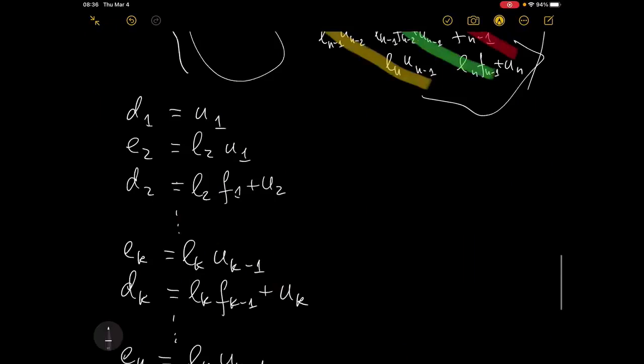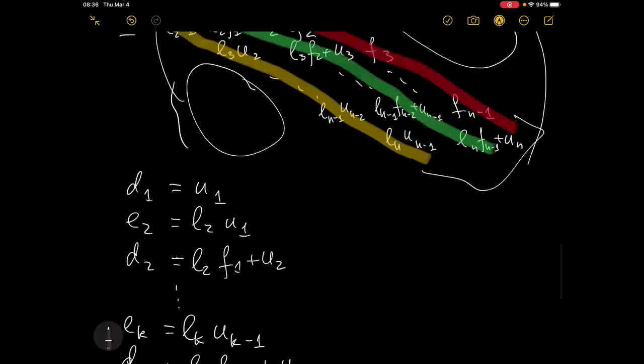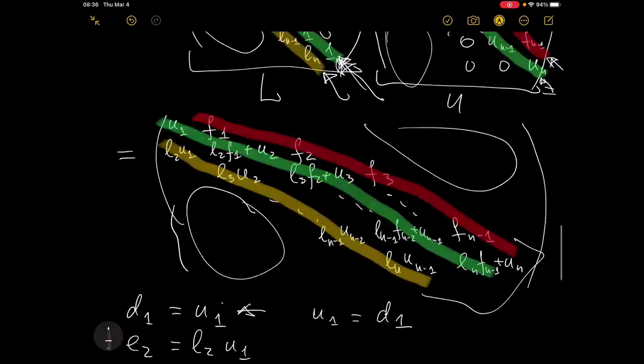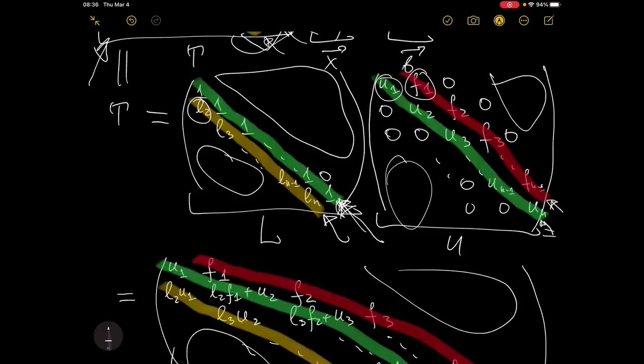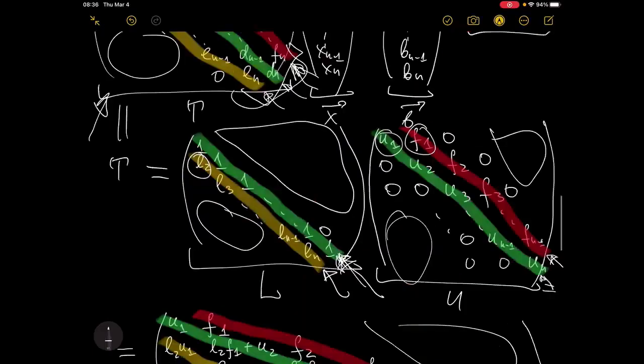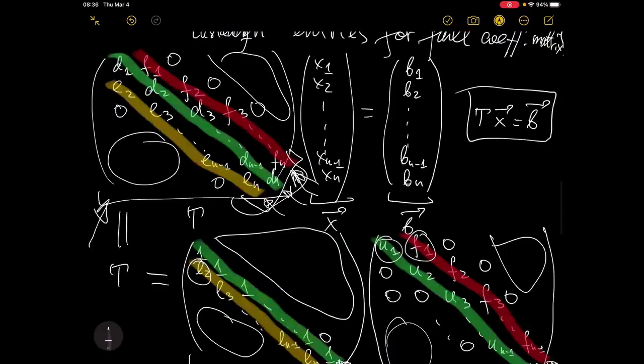So, this allows us to say that U1 is equal to just D1, right? So essentially, this element is equal to just this element.